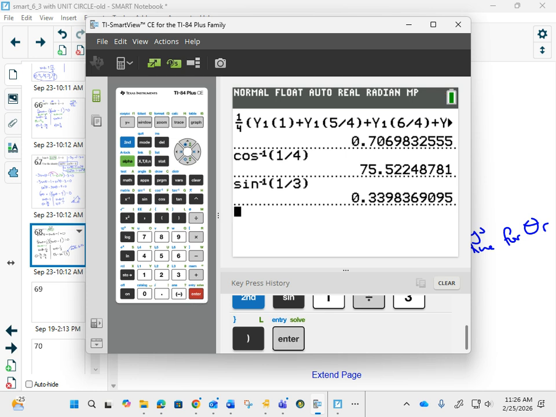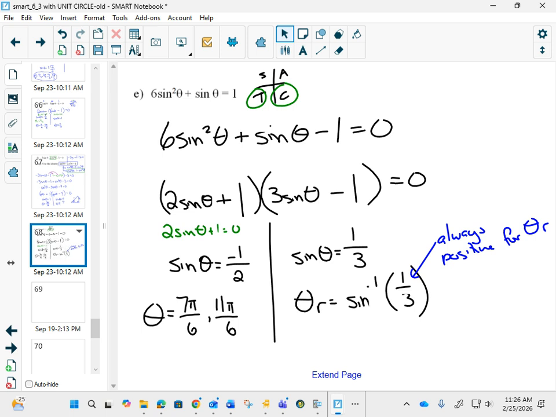And I get 0.340. That's our reference angle. I'm going to write 0.339... just to show that I'm not rounding it early, using all of the decimal places until I get my final answer. Okay?